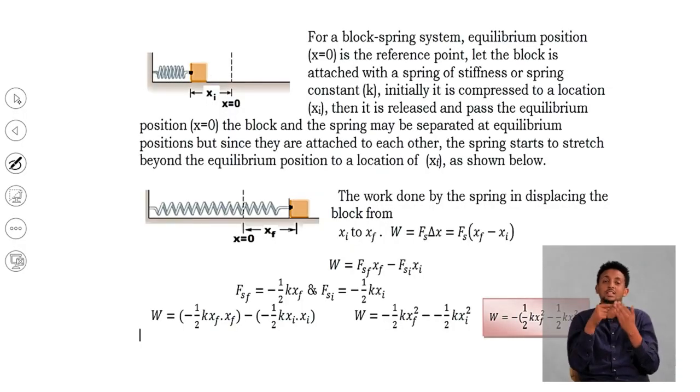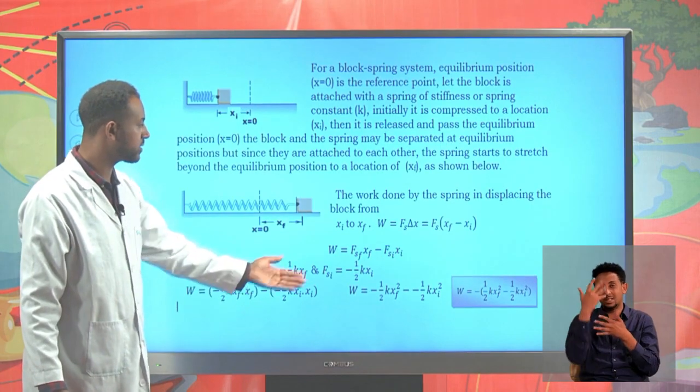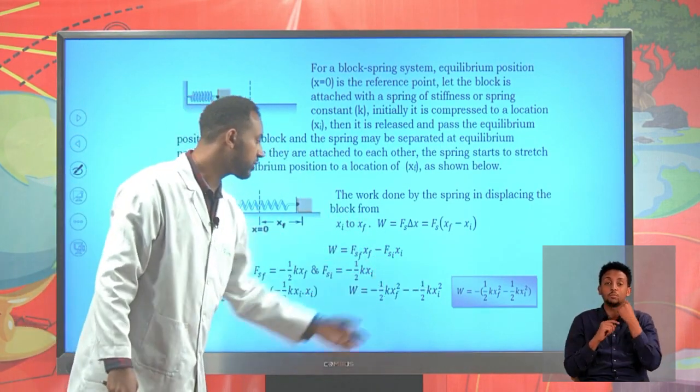Such energy is known as elastic potential energy. If you pull this and release it suddenly, work is performed as it pulls the mass along this side.